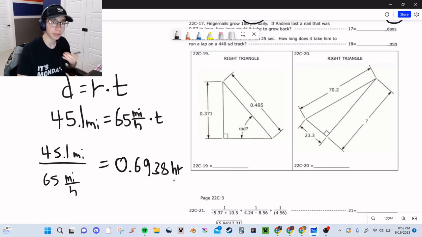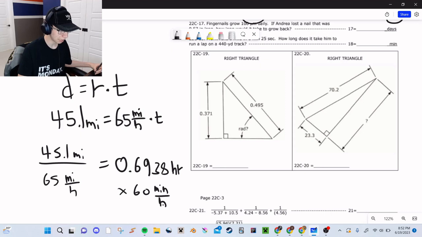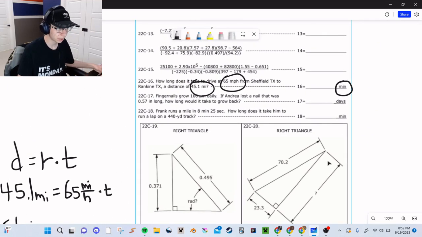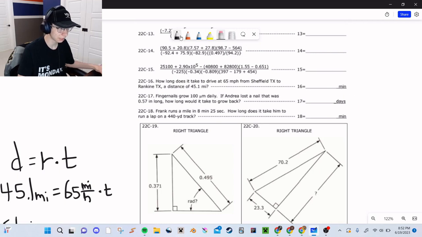We want our answer in minutes, so we got to convert hours to minutes by multiplying by 60, because there's 60 minutes per hour. And that comes out to 41.6 minutes. So it takes 41.6 minutes to drive this distance at 65 miles per hour.